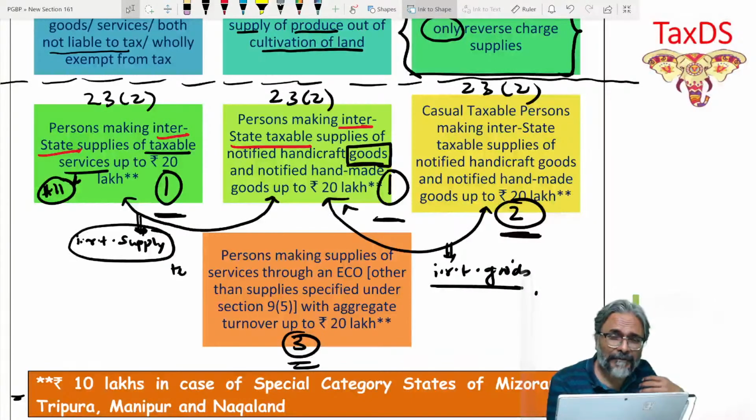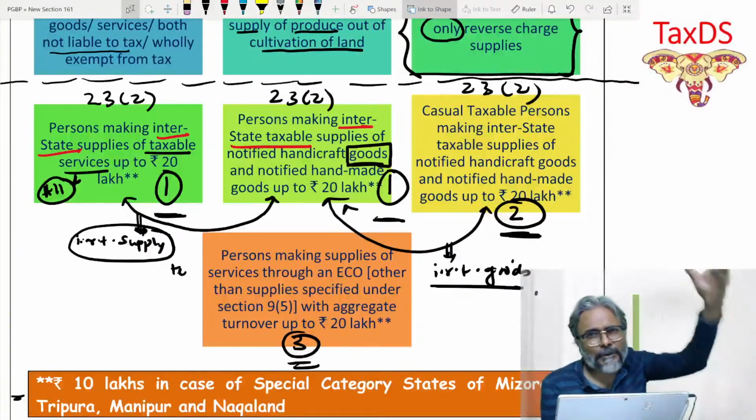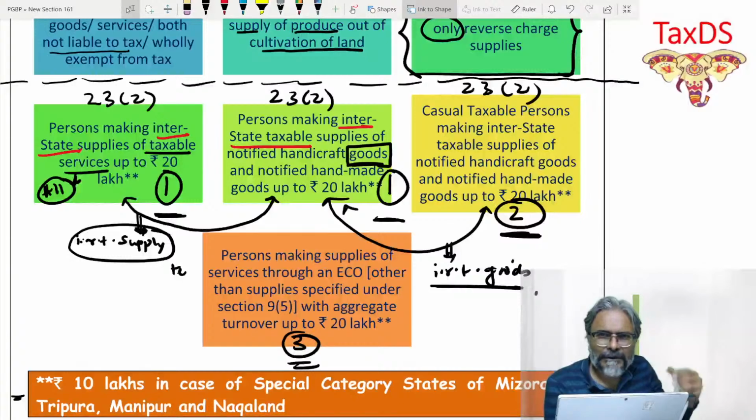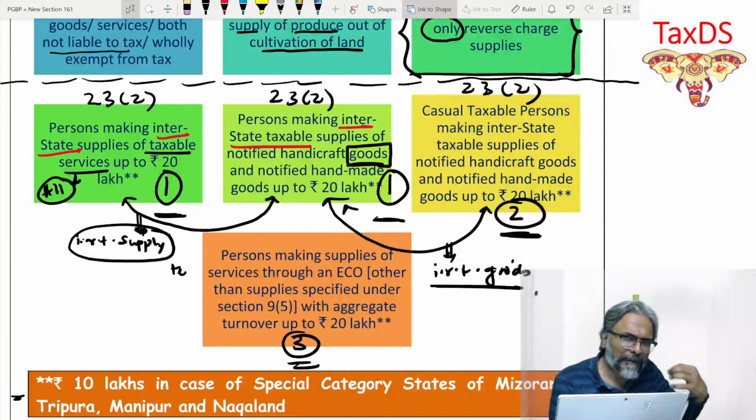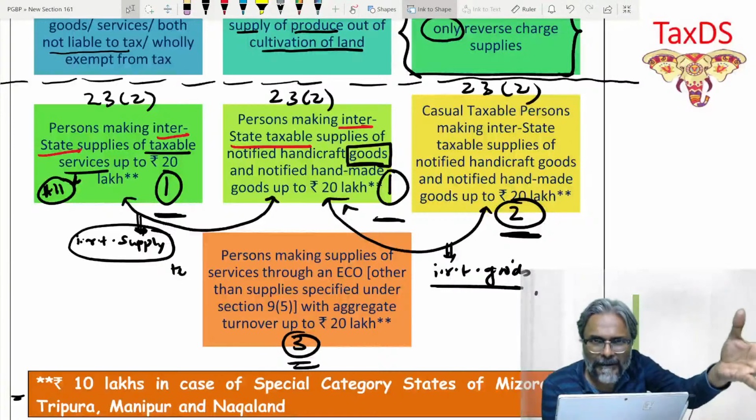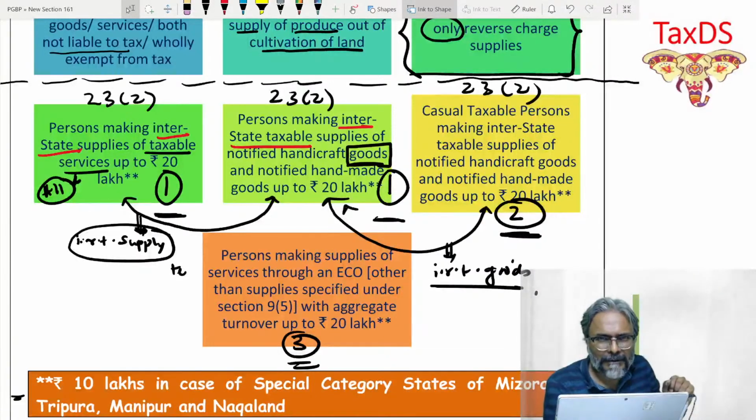I give you the example: if I am providing my lecture through Amazon, that is all about service. So for me, there is a limit of 20 lakhs. But if I am supplying goods worth 100 rupees to Amazon, and nothing else, even that 100 rupees which I have supplied will make me liable for registration under section 24. Compulsory registration has to be done. Isn't it? That is the point.